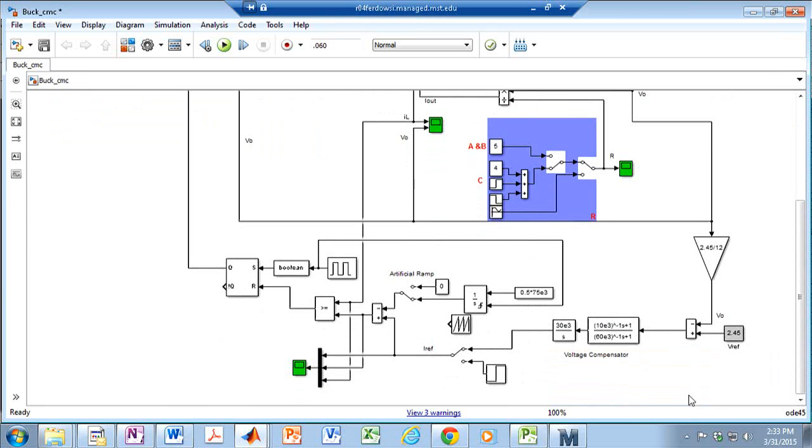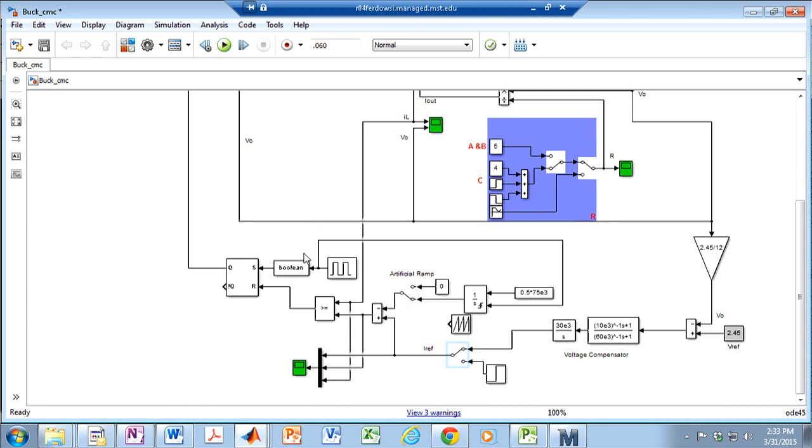And down here is my controller. So I'm measuring the output voltage and then comparing it against 2.45, which is the reference. These are the transfer functions that we just came up with. And so I'm not using an open loop reference anymore. The loop is closed. I'm creating an external ramp over here as well.